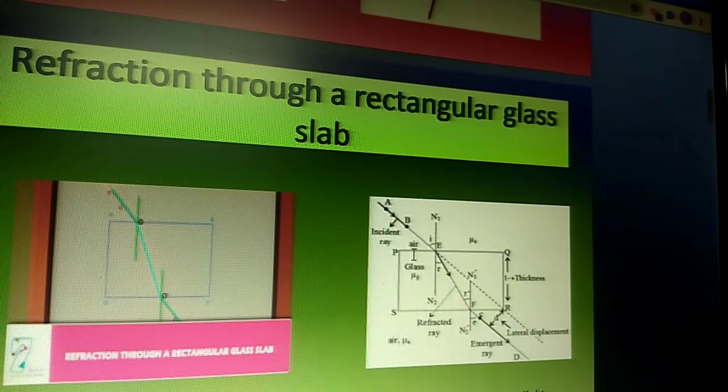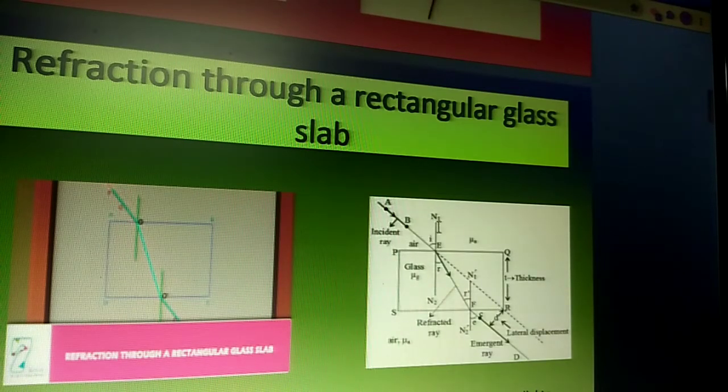So after removing and drawing the normals and extending the incident ray, it will be parallel to the emergent ray, and the distance between this emergent ray and the extended incident ray is known as lateral displacement. So angle I is equal to angle E, angle R is equal to angle R dash.